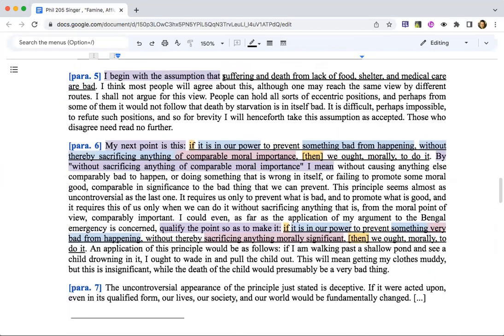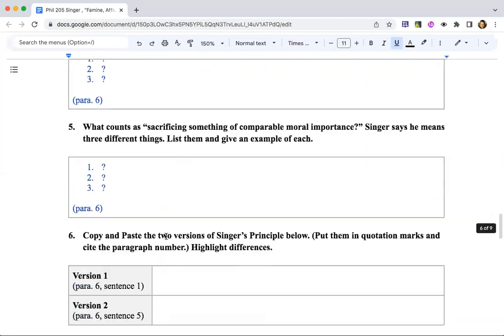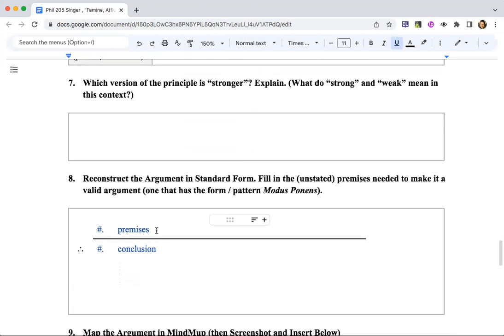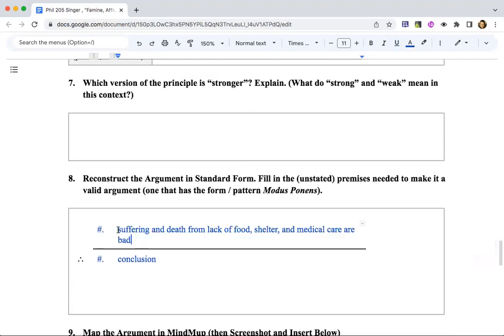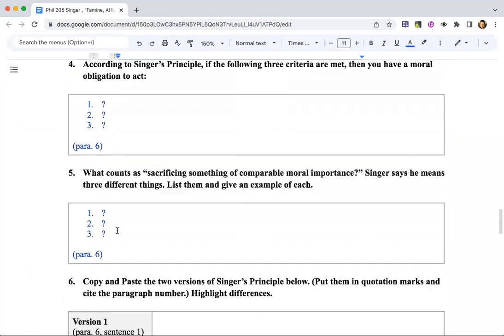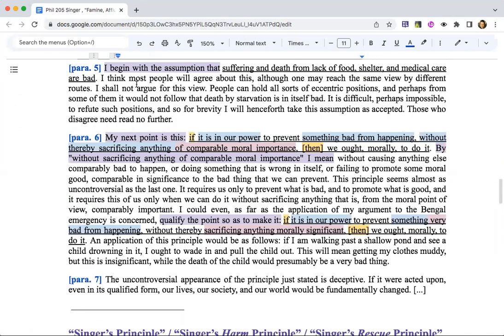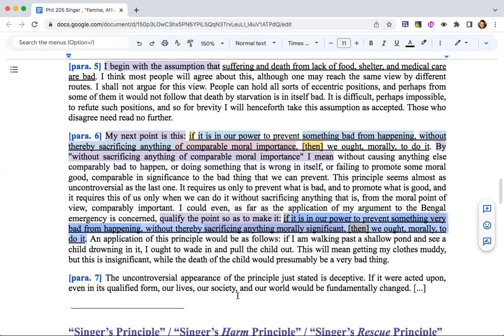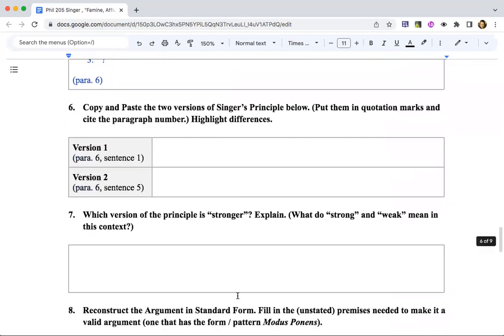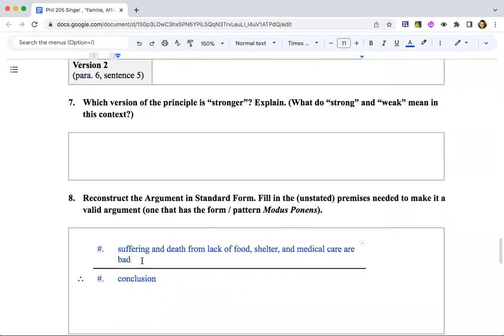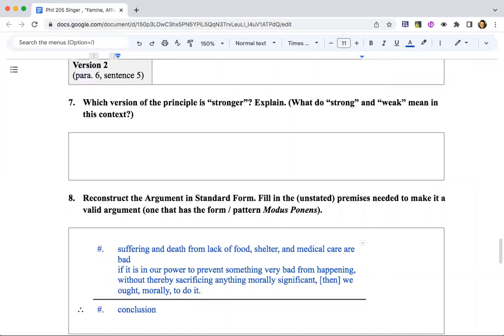So I'm going to start just by copying and pasting a premise. Premise 1. We'll fix the punctuation later. That came from paragraph 5. And now I'm going to copy and paste the weaker version of the principle as another premise in the argument. Let's call this premise 1.